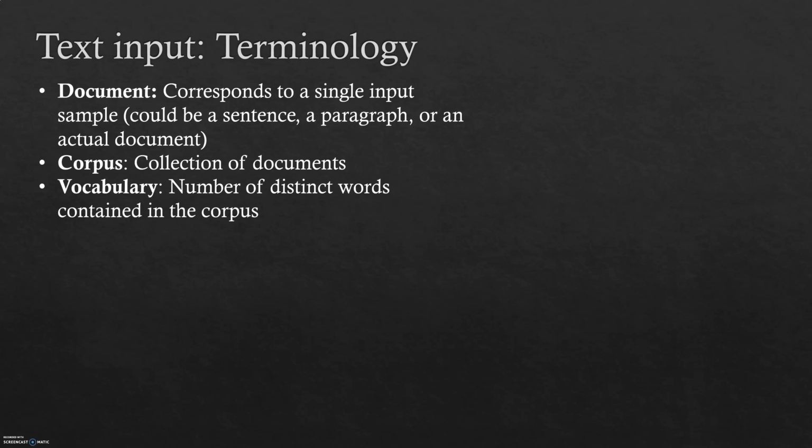This input sample can be a sentence, a paragraph, or an actual big document. That's what a document is in terms of NLP. The corpus is the collection of documents. And the vocabulary is nothing but the total number of unique words that are present in the corpus.